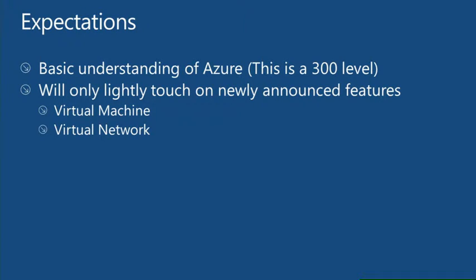And we announced a lot of great stuff a couple weeks ago. A lot of great sessions on it this week about virtual machine, virtual network. I'm going to lightly touch that stuff, but this talk is not going to be directly about those technologies. And right at the beginning, we'll discuss why that is. So this is your cue if you want to bounce out. I won't be offended at all.